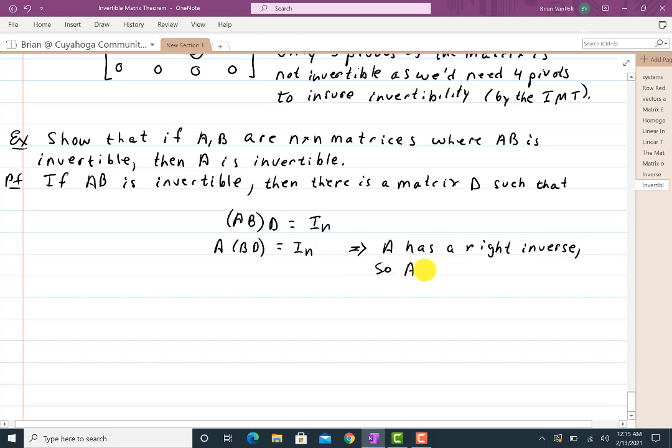So A is invertible by the invertible matrix theorem. Now, you should also be able to prove that B is also invertible, and you should be able to come up with a left inverse for it.